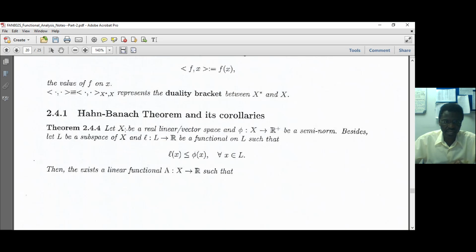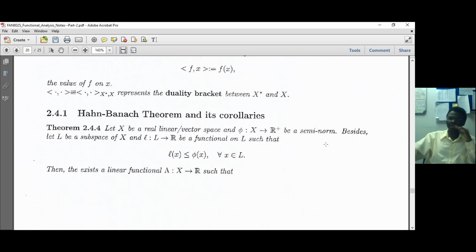Let capital X be a real linear space, and let phi be a function from that linear space X into R plus, and we assume that phi is a semi-norm. Remember that the difference between a semi-norm and a norm is the property of being definite.